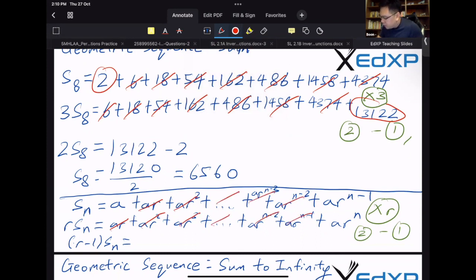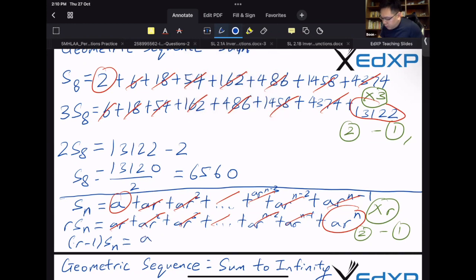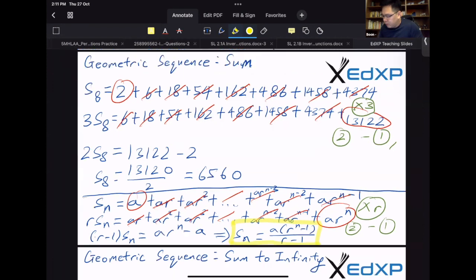And we are left with 2 terms again, this one and this one. So we have ar to the n minus a, which brings us to, if I make Sn the subject, Sn is a times r to the n minus 1 over r minus 1. And there we have derived the sum of a geometric series, which is the third equation you need to know.